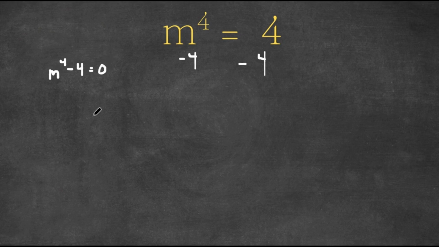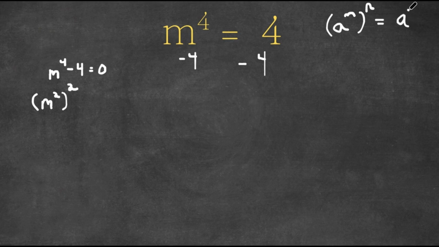So now what I'm going to do is change m to the power of 4 to m squared to the power of 2. Because remember, if we have something in the form a to the power of m to the power of n, this is equal to a to the power of m times n.